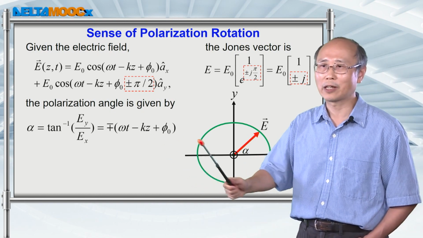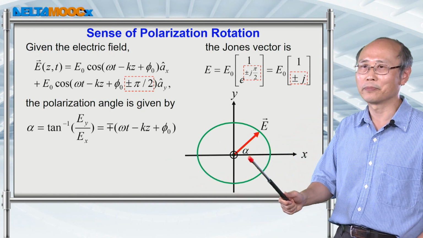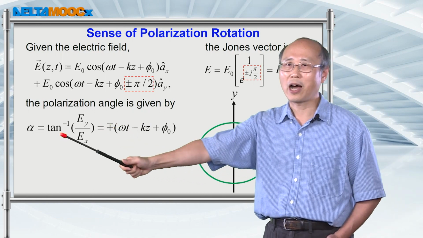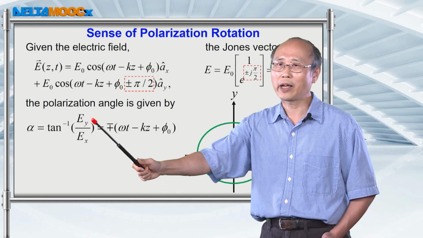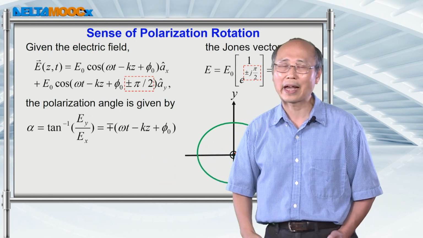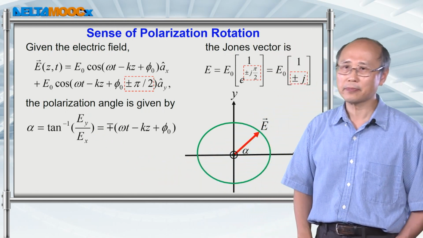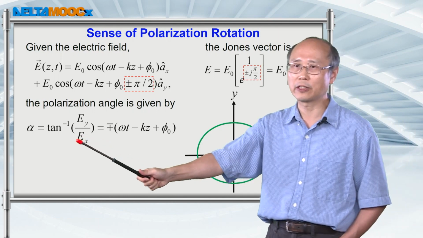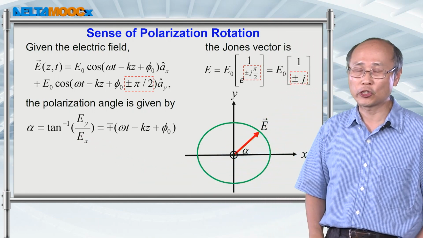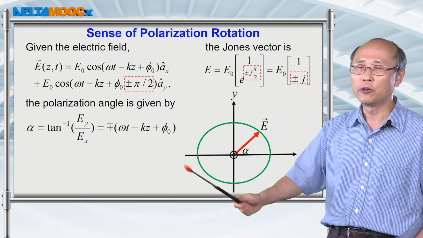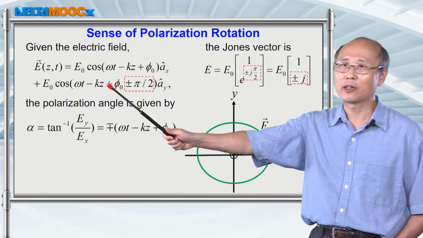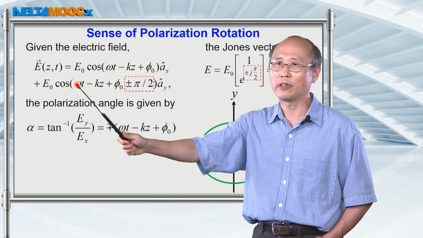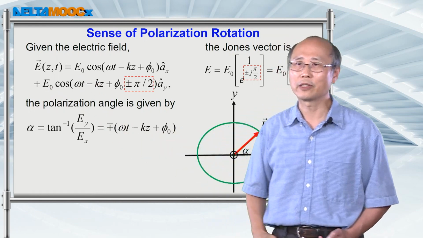For example, let's try to calculate this alpha angle. This alpha angle is the arctangent of this ratio, the y component of the electric field to the x component of the electric field. And the result is going to be much simpler compared with the result from the elliptical polarization state, because you have the same amplitude in front of these two components.